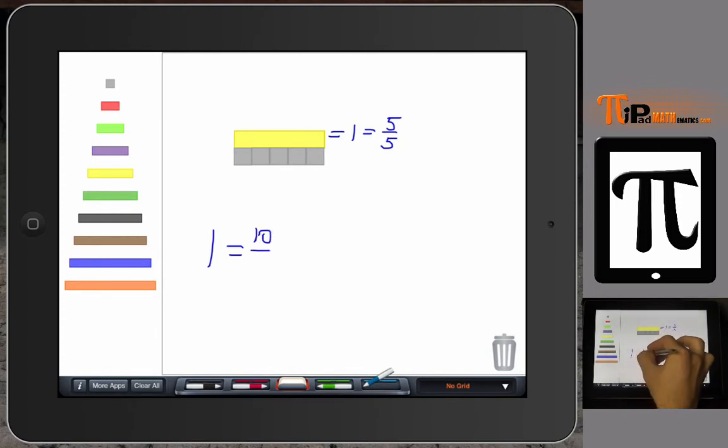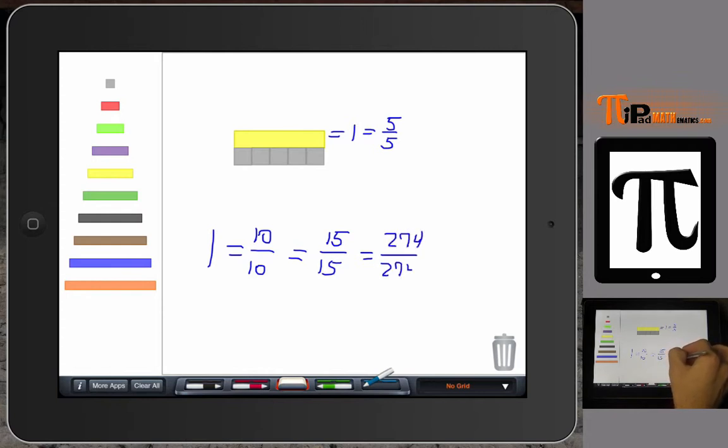So 1 could equal 10/10. 1 could equal 15/15. 1 could equal 274/274. Yes, these are equivalent fractions. I will give that to you.